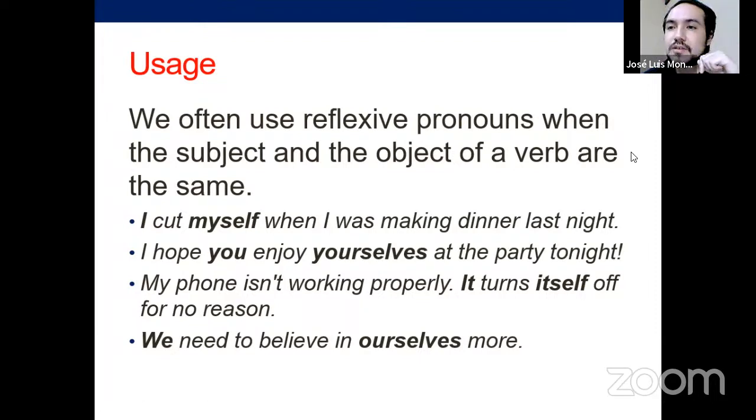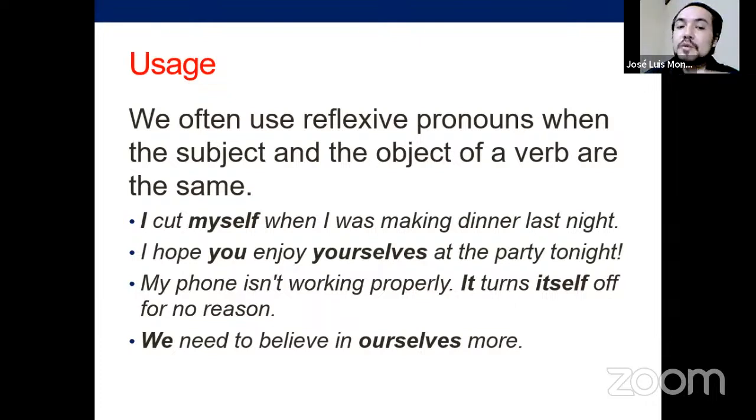You do the action and you receive that action. You enjoy yourselves. It turns itself off for no reason. When your phone is not working, it turns itself off. It means that the phone does the action and the phone receives the action because it's turning off.